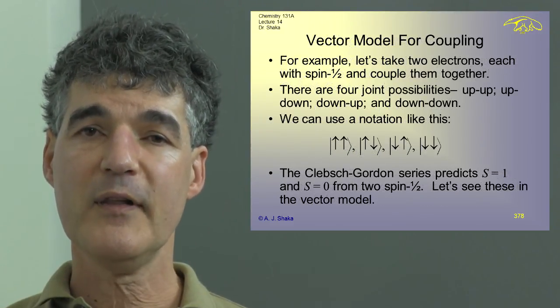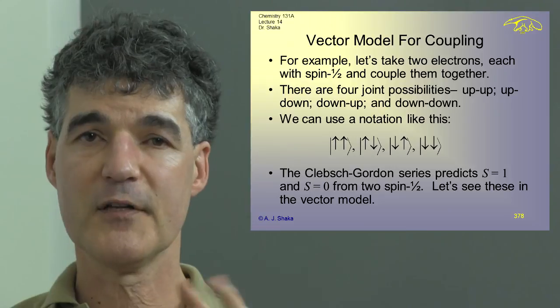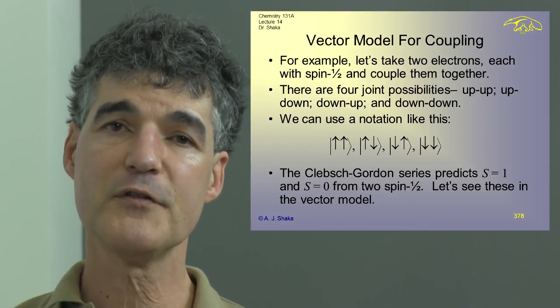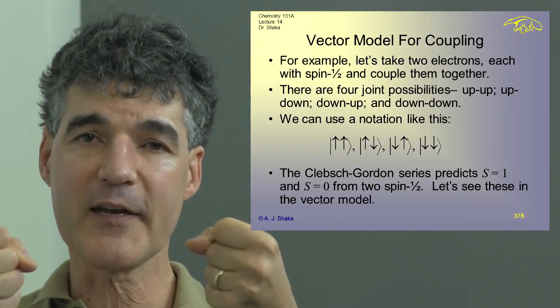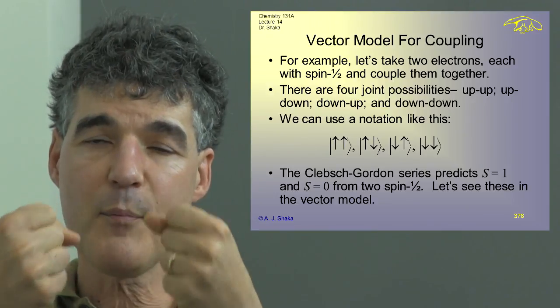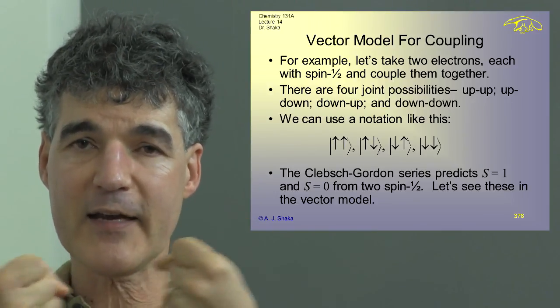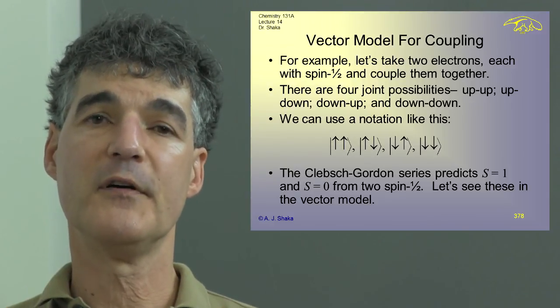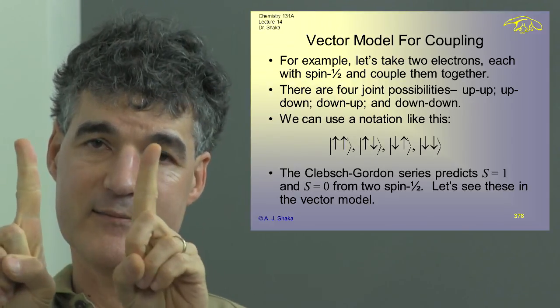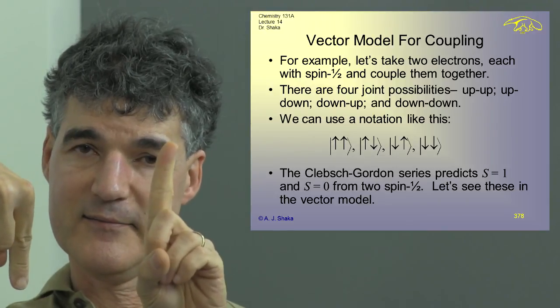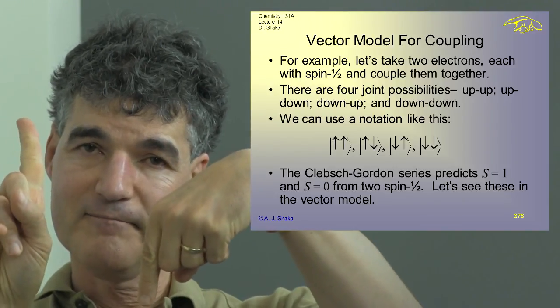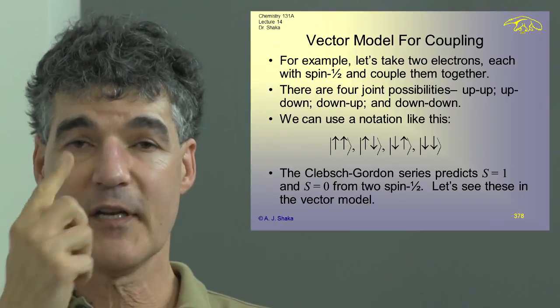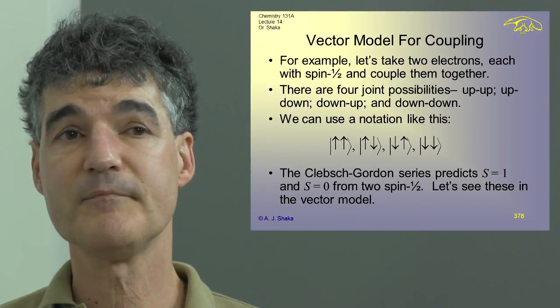For an example, let's just take 2 electrons, and let's couple the 2 spin 1/2s. We've got the 2 bar magnets here. Let's couple them together. They're interacting. How could they be? Well, there are 4 possibilities. They could be like this, like this, like that, or like that, because each electron can just be up or down.